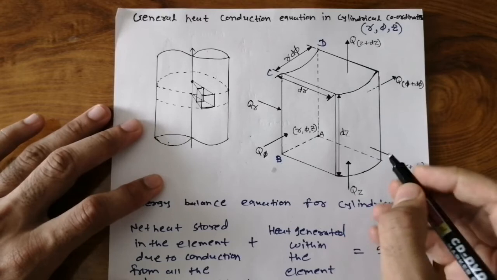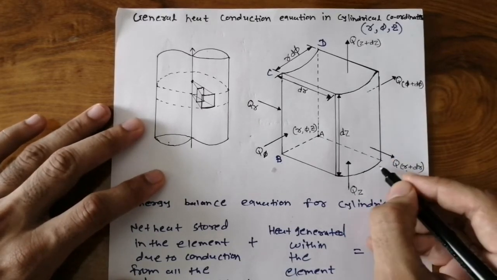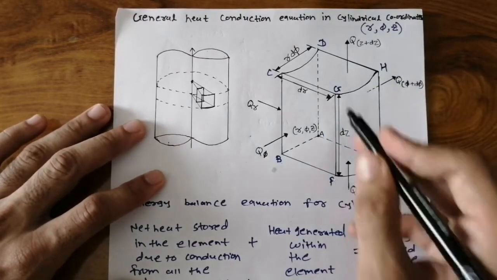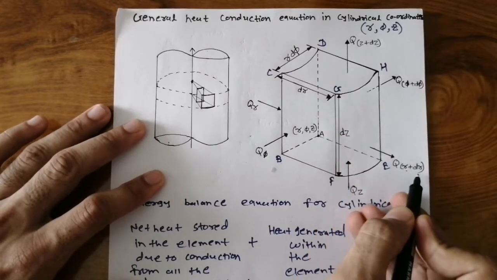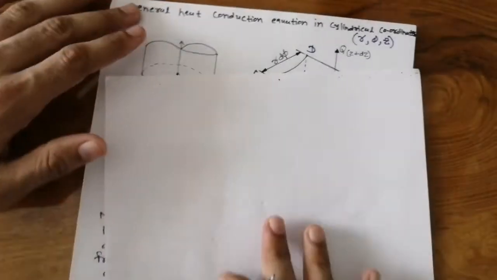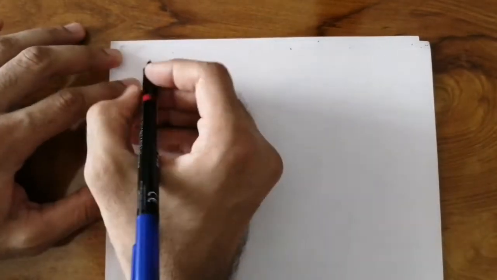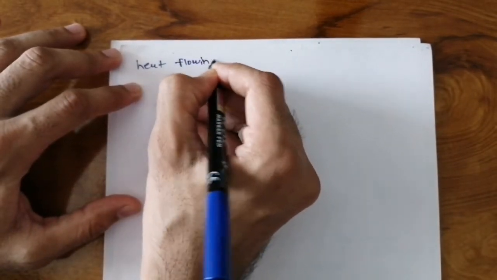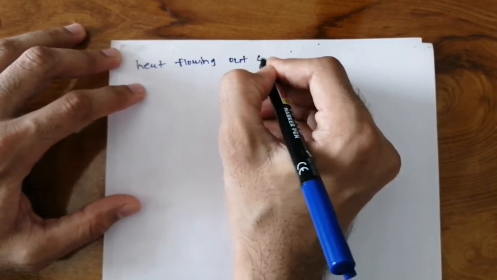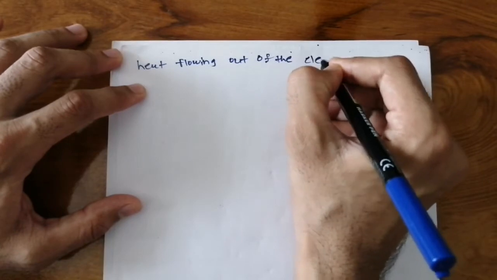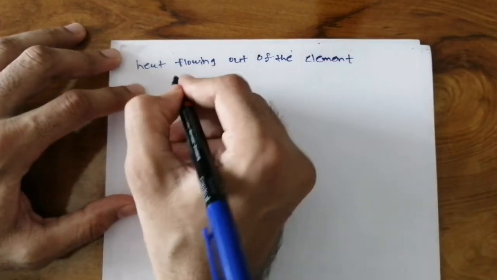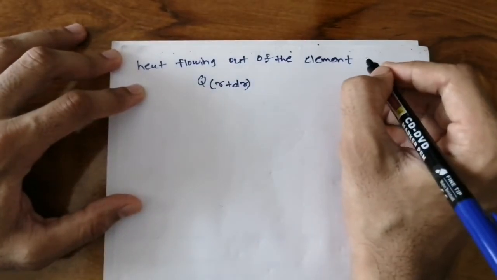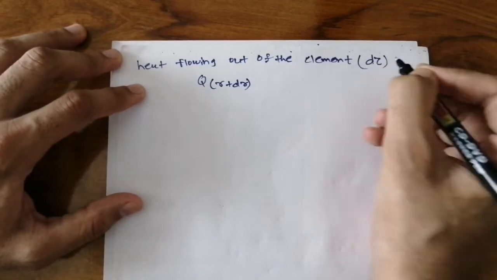For energy out, if we name the face E, F, G, H, the energy out from face E, F, G, H in radial direction will be Q, R plus dr. So we should write energy out, or heat flowing out of the element, which is indicated by Q, R plus dr, and the same time interval d tau will be considered.